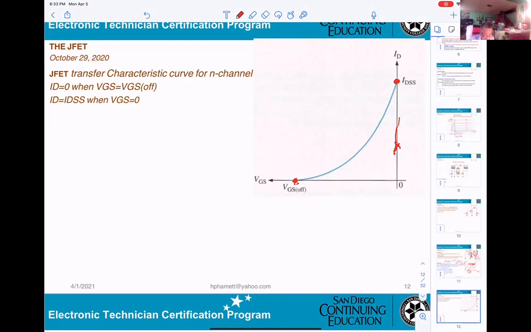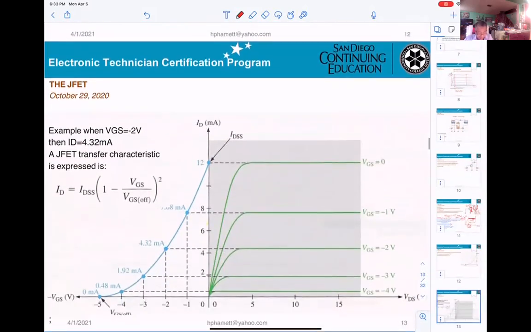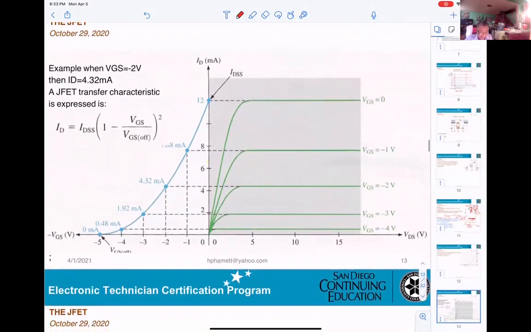ID equals 0 when VGS equals VGS off. ID equals IDSS when VGS equals 0. Now if you look at this one here, the first one you already saw before.